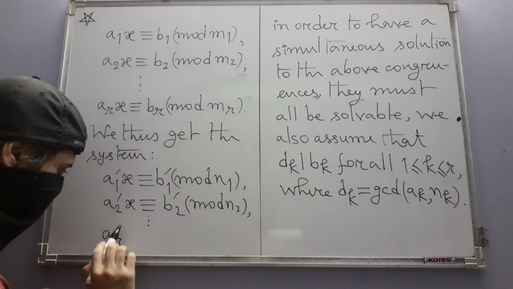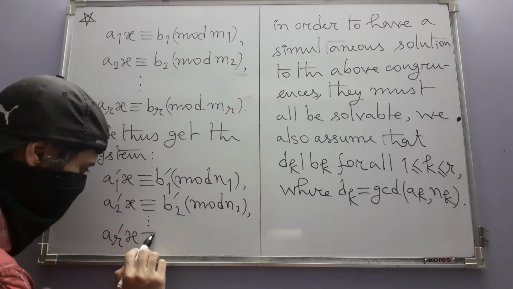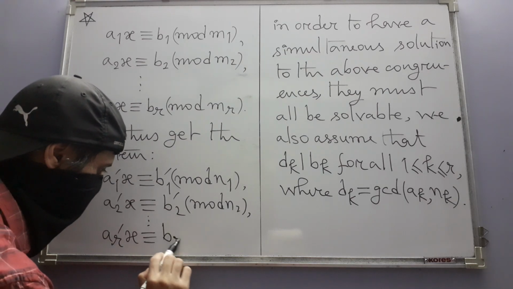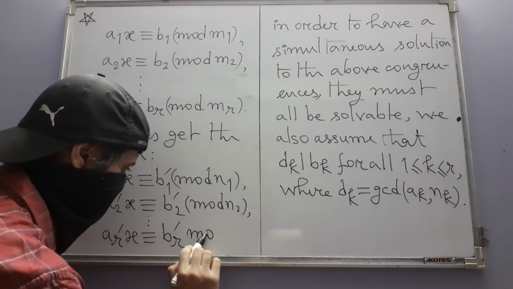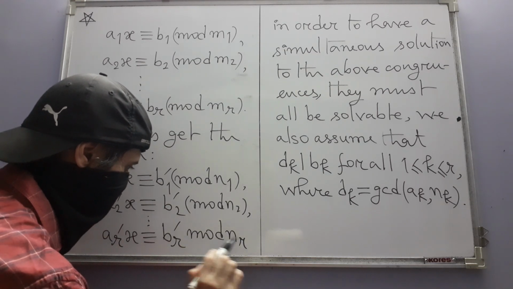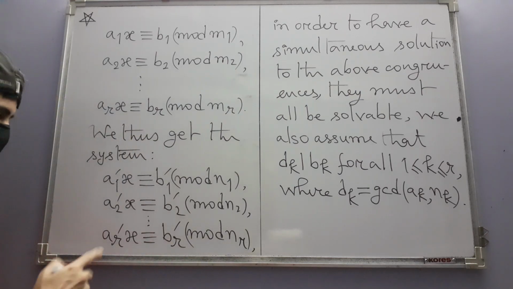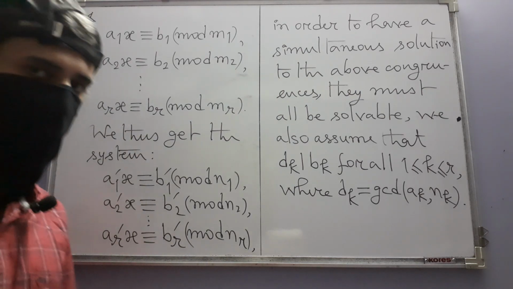And finally we have ar prime x congruent to br prime mod nr. Now we will write what these new quantities are.